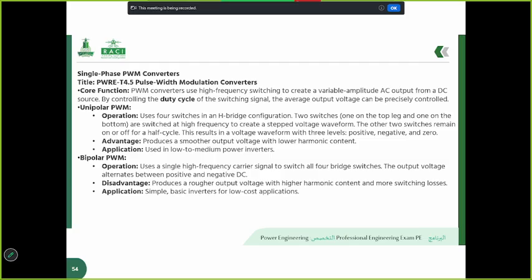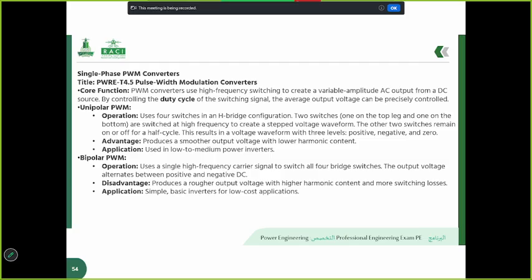Single-phase PWM converters typically use an H-bridge circuit, which consists of four switches. The two primary methods of controlling these switches are unipolar and bipolar PWM. Bipolar PWM is the simpler of the two. It switches the two legs of the H-bridge in complementary fashion.